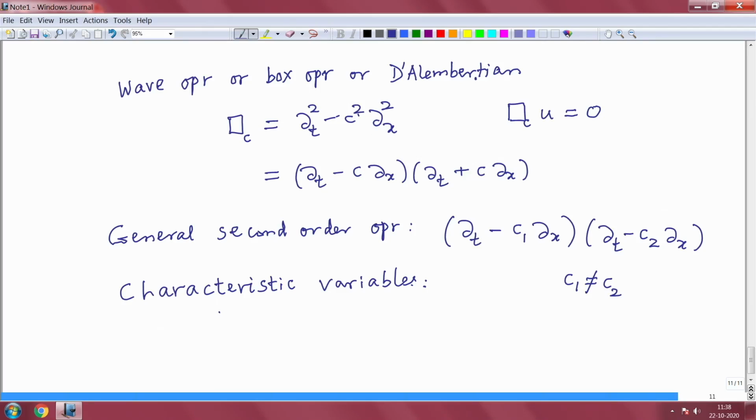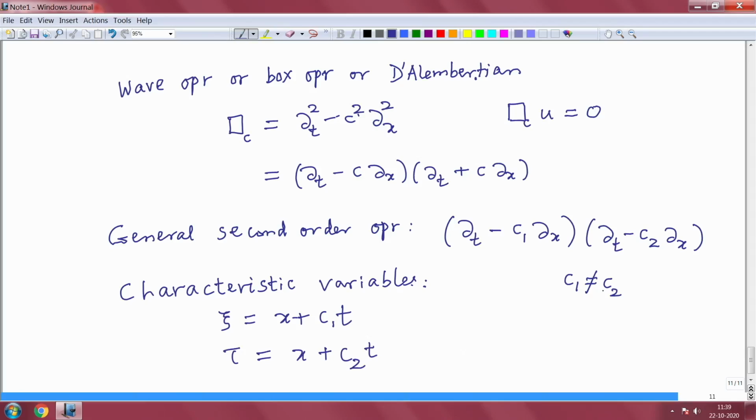So, we again introduce the characteristic variables xi is equal to x plus C1t and tau is equal to x plus C2t.